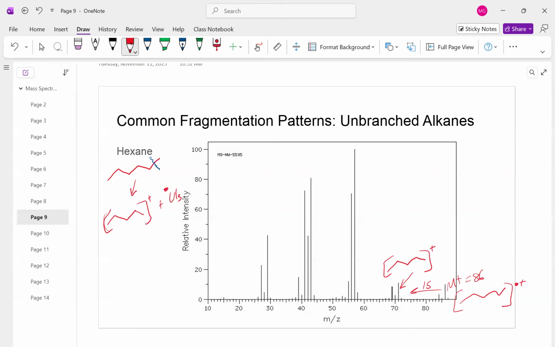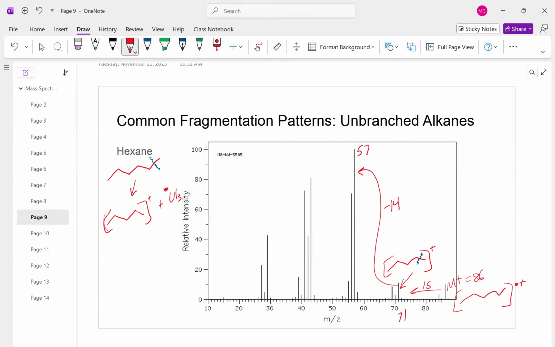Now, if I look at going from this to my base peak, the base peak has a mass of 57. Well, what is the difference between 57 and 71? That's a loss of 14. So we'll start with this ion here and lop off a CH2, which has a mass of 14.